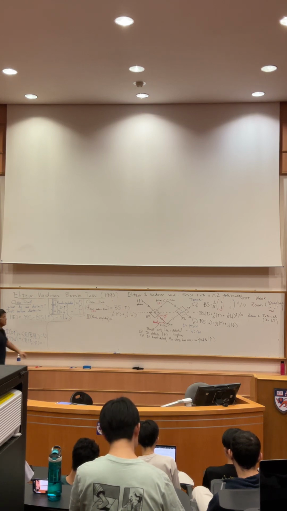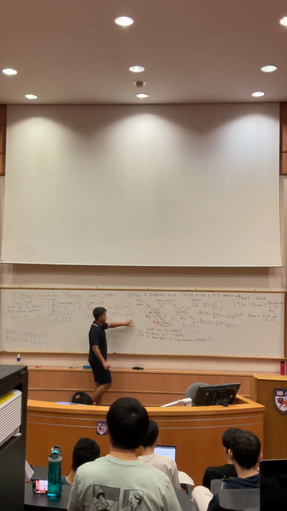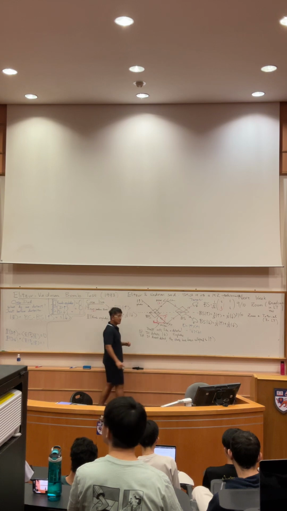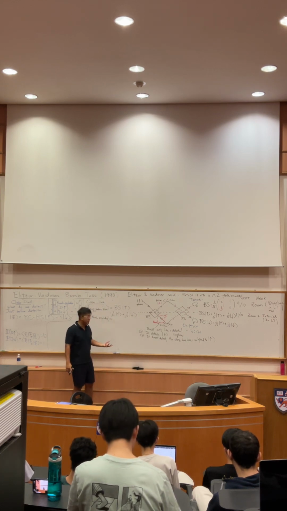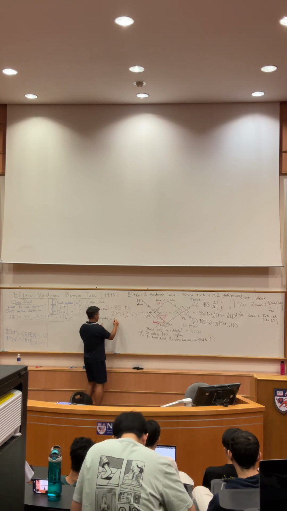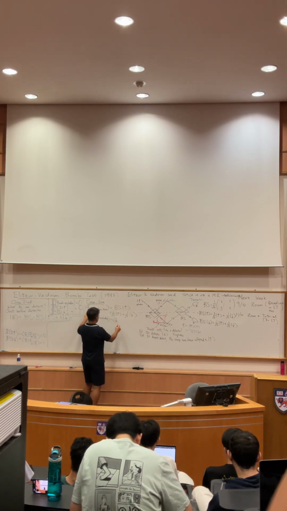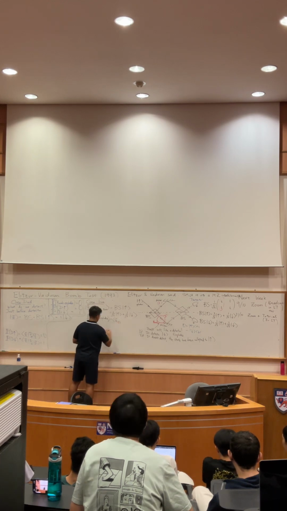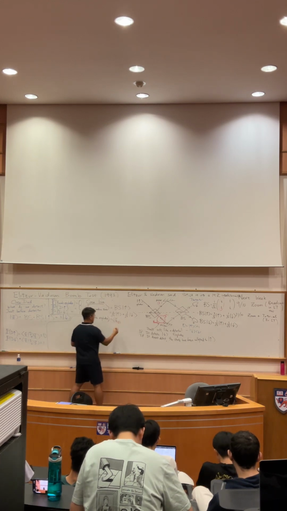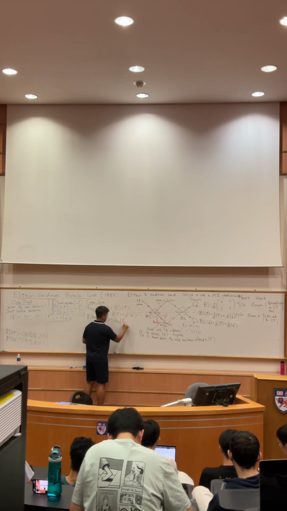Now, there is some component of light in the down branch. So let's calculate how probable it is to be in the down branch. And that's given by this state psi of 1 in the down branch.